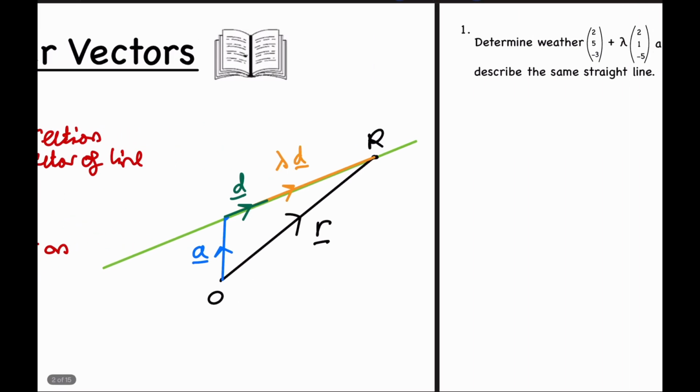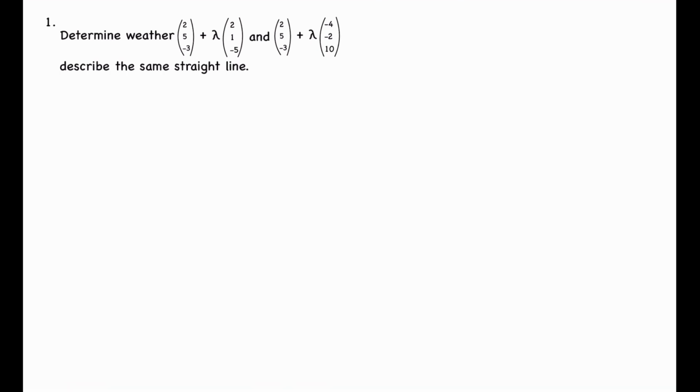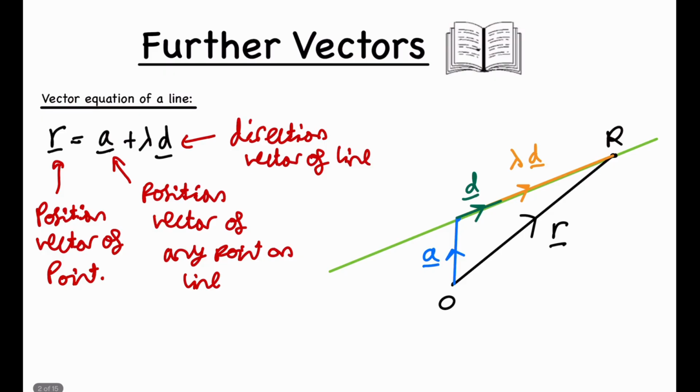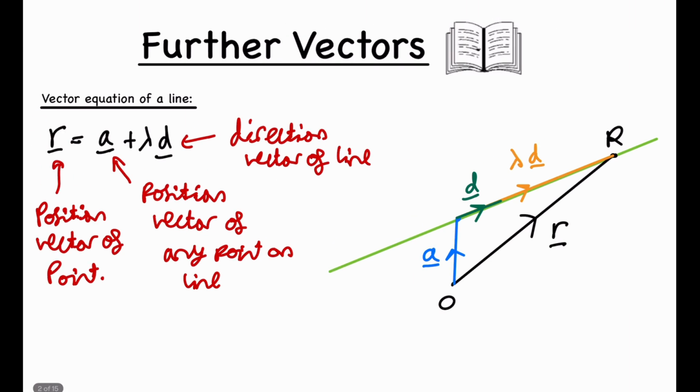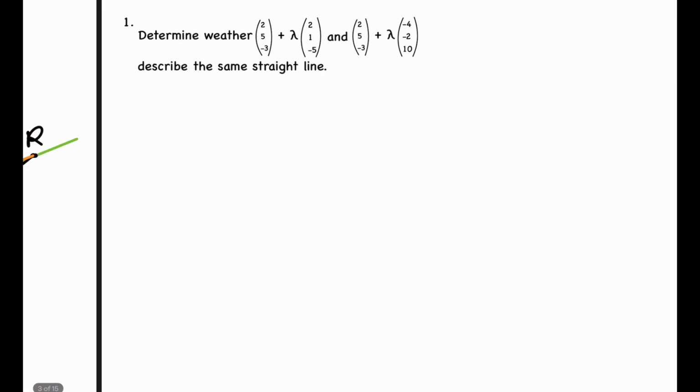Now let's move on to a question asking whether this line and this line both describe the same straight line. As you can see, these two are in the same format as here: r equals a vector, plus lambda times a direction vector.